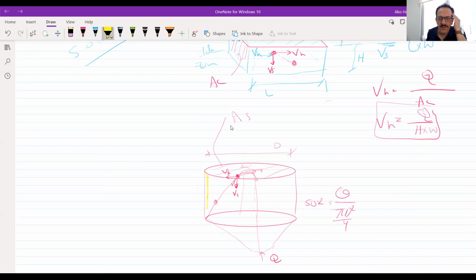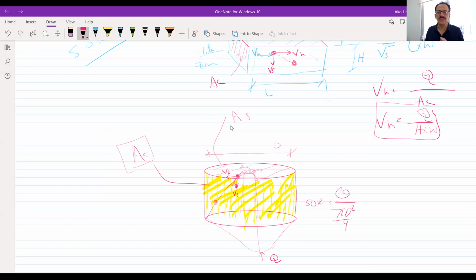The area that is perpendicular to the direction of the flow, which is the circumference of this tank. Look at this one. This area is called AC, the cross-sectional area, which is the cylindrical surface area.